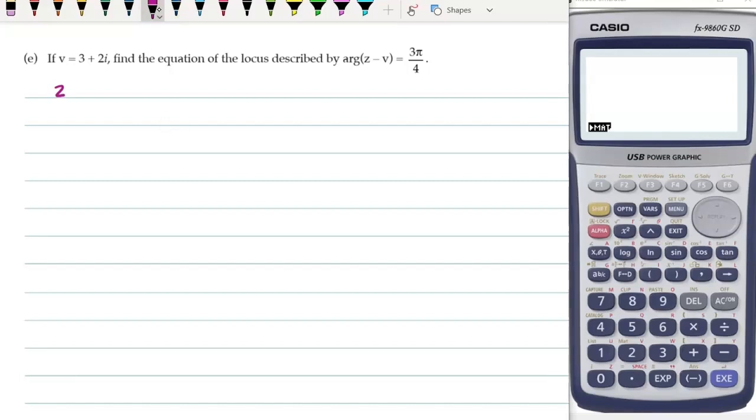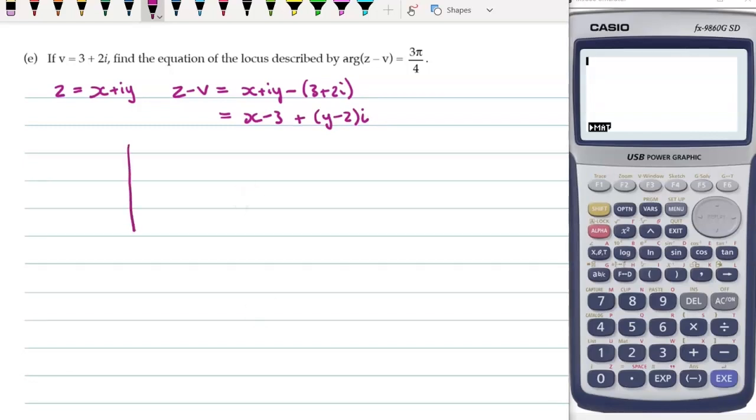As is often the case with locus, let's start by saying z is equal to x plus iy. Z minus v is x plus iy minus 3 plus 2i, so x minus 3 plus y minus 2i.